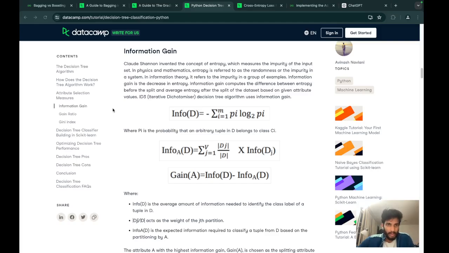Anyway, Claude Shannon invented the concept of information entropy, which measures the impurity of the input set. In physics, it means something else. Information gain computes the difference between entropy before the split and the average entropy after the split of the data set based on given attribute values. Iterative dichotomizer decision tree algorithm uses information gain.